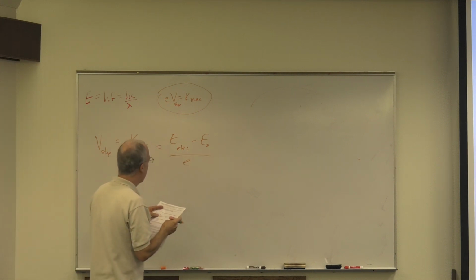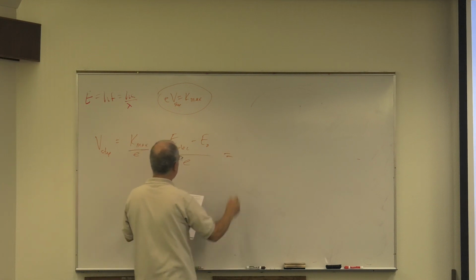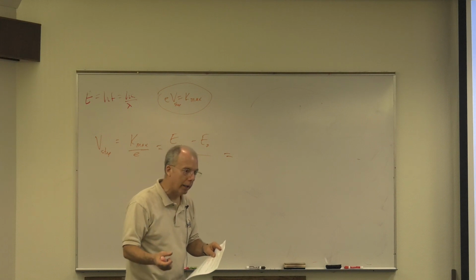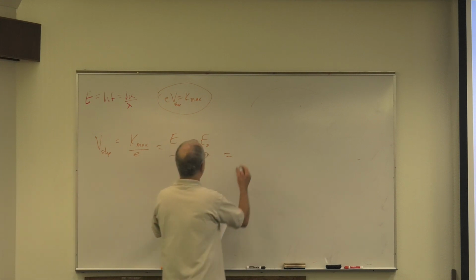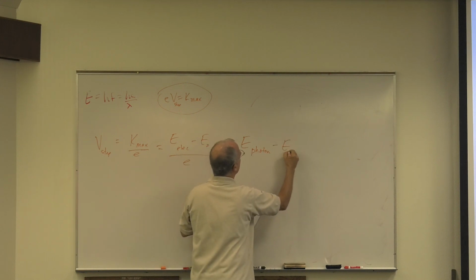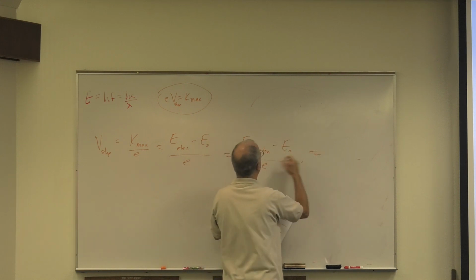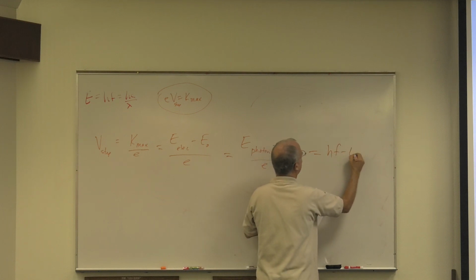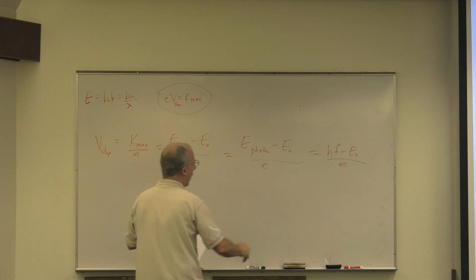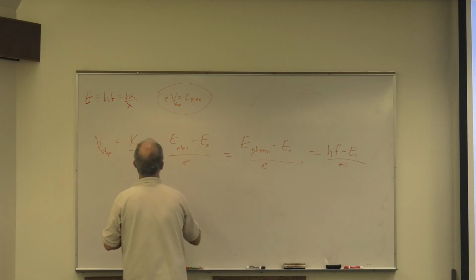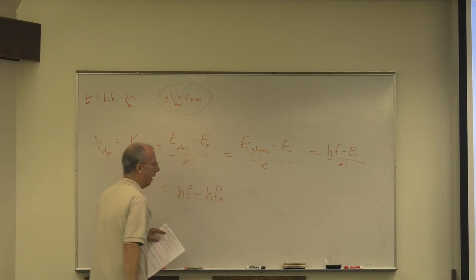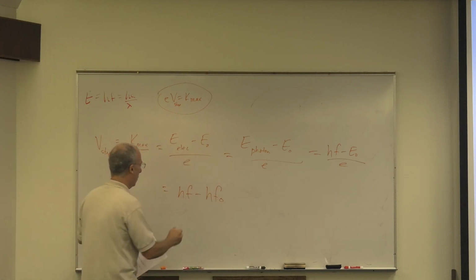The energy of the electron equals the energy of the photon. So that's E photon minus E0 over e. The energy of the photon is hf, so hf minus E0 over e. And E0 is h f0, so hf minus h f0 over e, where f0 is the threshold frequency.